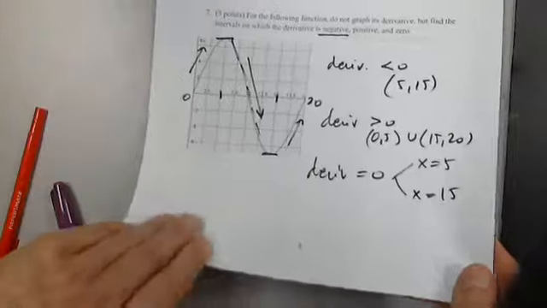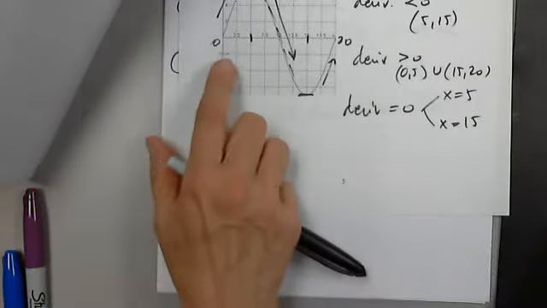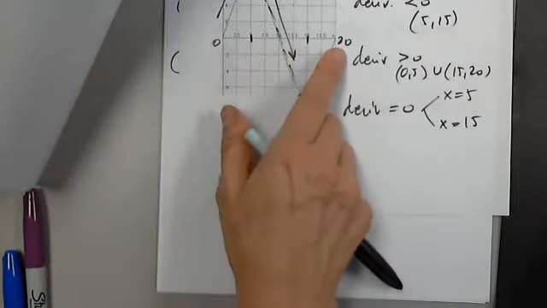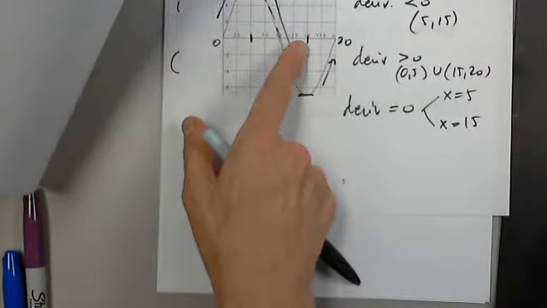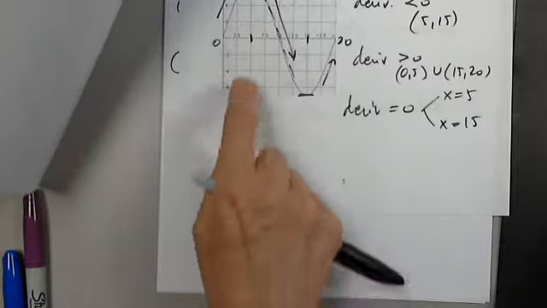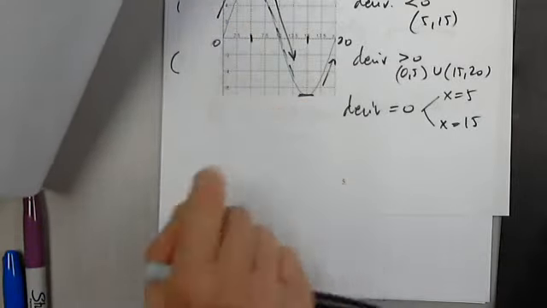Okay. So it's positive between 0 and 5 union 15, 20. It's negative between 5 and 15, and it's 0 at 5 and 15.